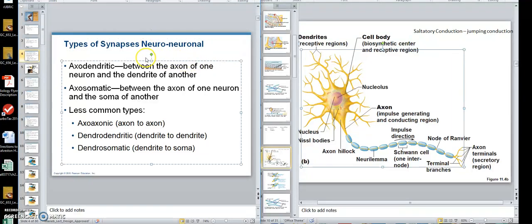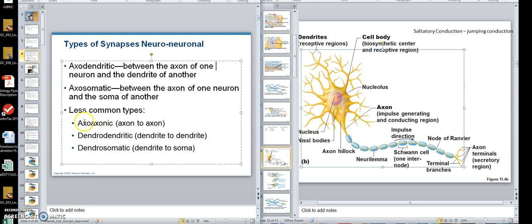Okay, the possibilities: an axodendritic, that means the axon of one going to the dendrite of the other, and that's generally the most common. The other would be the axon of the pre going to the cell body of the other one. That's like the second most common.